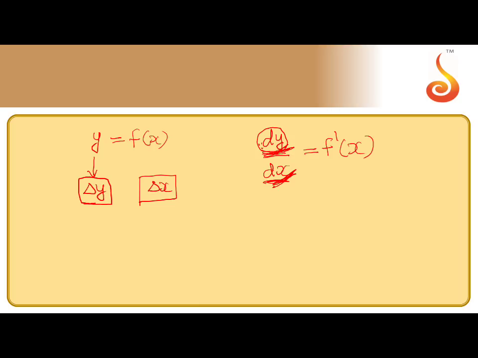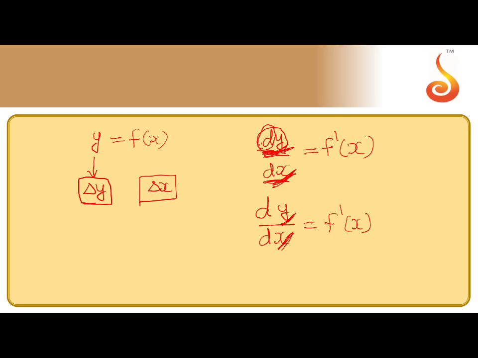The meaning of f dash of x or dy by dx is differentiation of y with respect to the value of x. That is, how does the value of y change with the change in x? It is either written as dy by dx or as f dash of x.